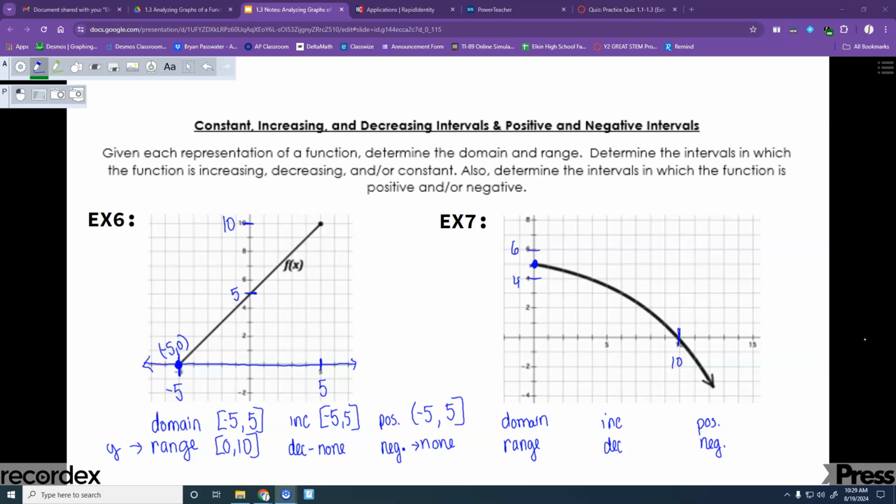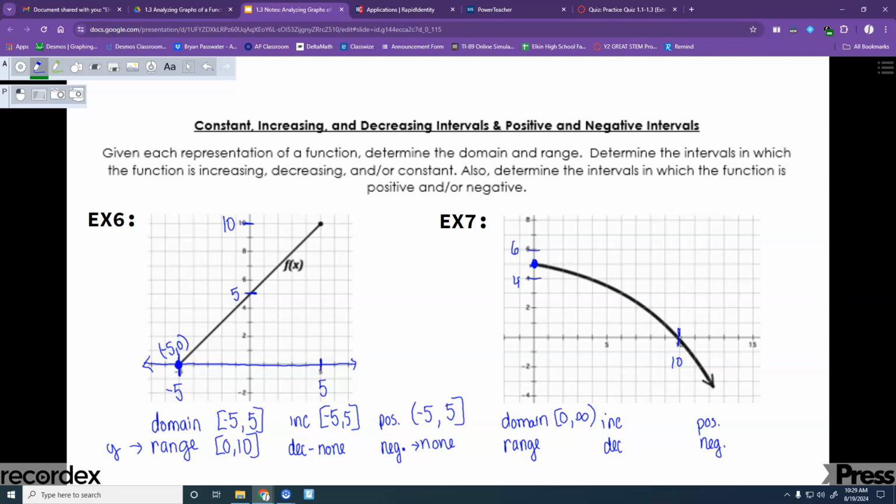Okay, so when we're doing domain, we start right here. That's at 0, right? And then a lot of you guys are stopping at 10. Does the graph stop at 10? No, it keeps on going and you got that arrow. Now, what I saw a lot of you doing is putting a negative infinity. It needs to be a positive infinity because we're on the x-axis and positive infinity is over here.